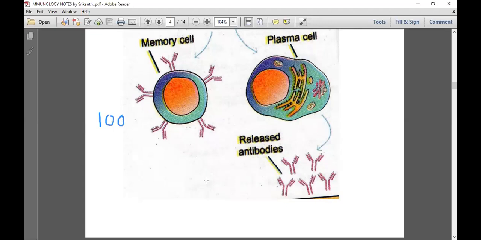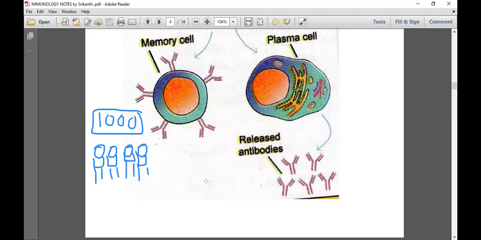For example, imagine that 1,000 microbes have entered the body. Imagine the microbes are like this. I have to give some shape here, so I gave it like this. Some 1,000 microbes have entered the body, and they are moving in the blood fluids and the tissue fluids.